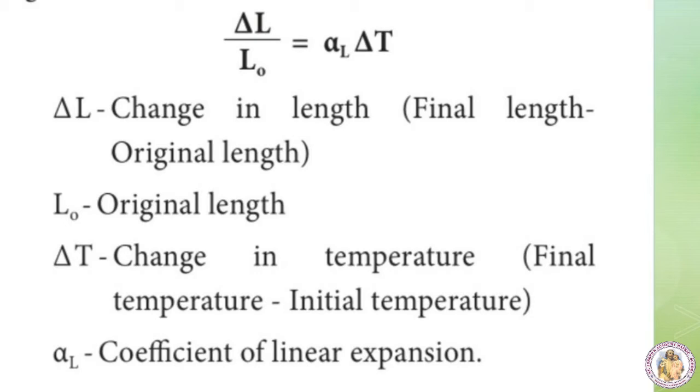Now how much degree Celsius are you increasing? 1 degree. Okay, so final temperature minus initial temperature, 33 minus 32 degrees, is 1 degree Celsius. That is the change in temperature, del T. Okay, next is the coefficient of linear expansion, that is alpha L.